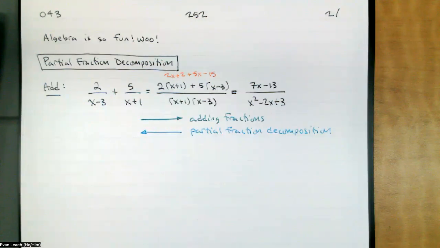But there are lots of ways of writing 6 as a sum. 1 plus 5 is equal to 6. 2 plus 4 is equal to 6. 3 plus 3 is equal to 6. Negative 10 plus 16 is equal to 6. There's an infinite number of ways to write 6 as a sum. And that's what we're doing. In partial fraction decomposition, we are writing as a sum.